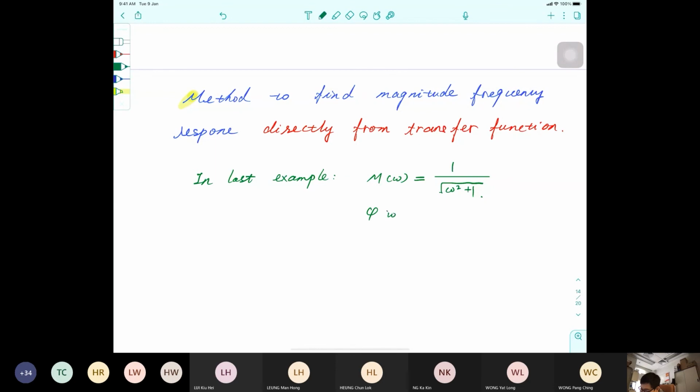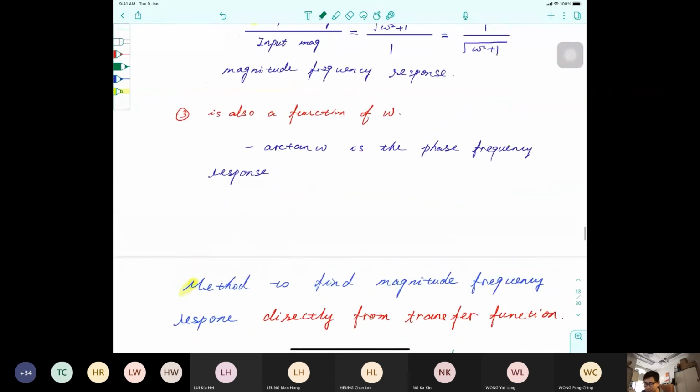Phi(omega) equals negative arctangent omega, right? Negative arctangent omega.